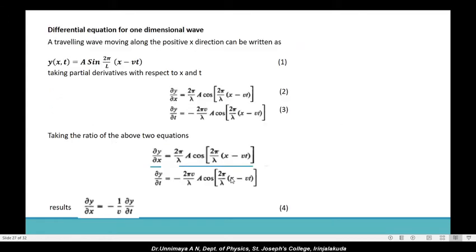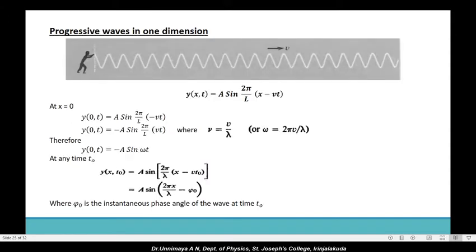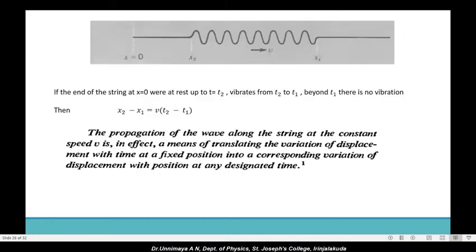Now we are going to represent the differential equation of a one-dimensional wave. This is very important. First we represented a progressive wave in one dimension, and we found that x2 minus x1 is equal to v into t2 minus t1.